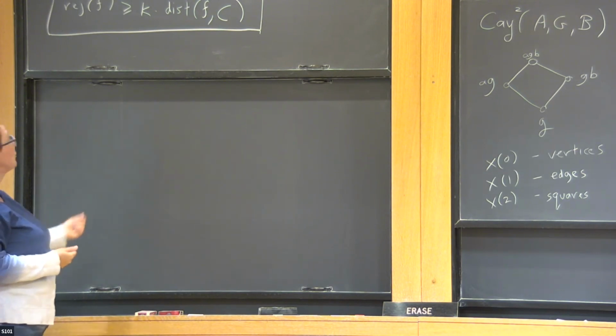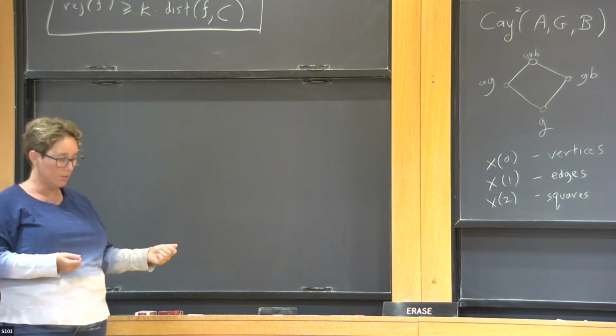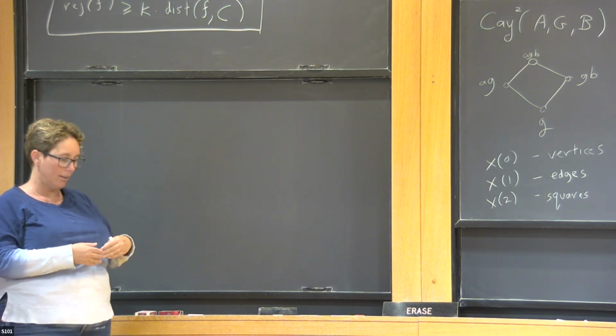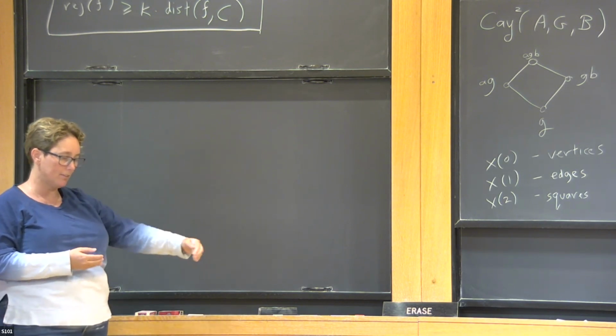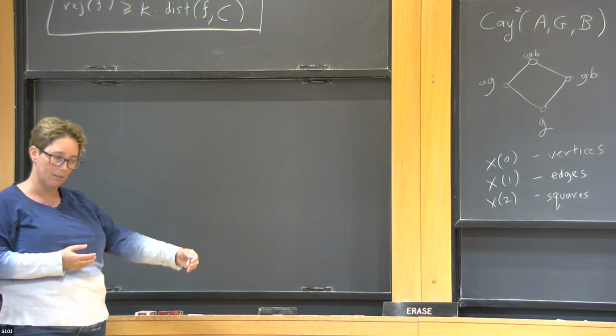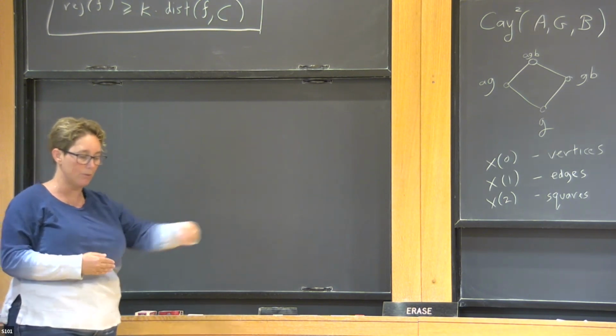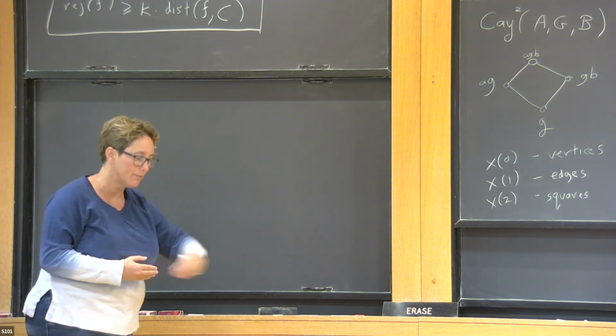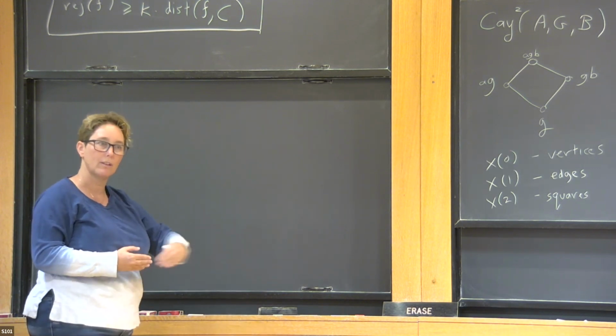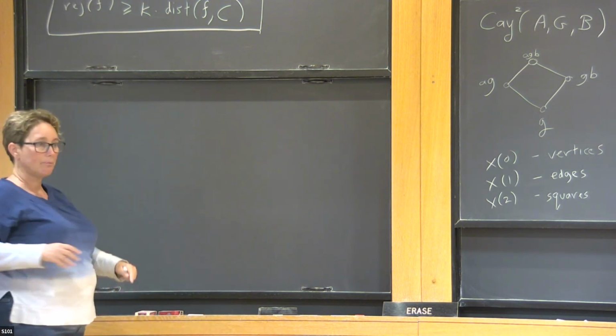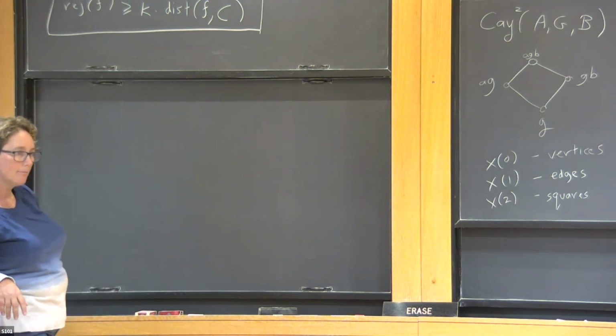Either you manage to do it, and then you want to say that the amount of effort you made is proportional both to the reject and to the distance. You started from F, you reached F naught, and the amount of changes you made is proportional. That would upper bound the distance if the rejection probability is small.